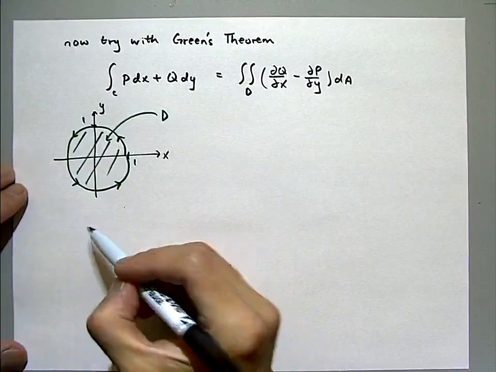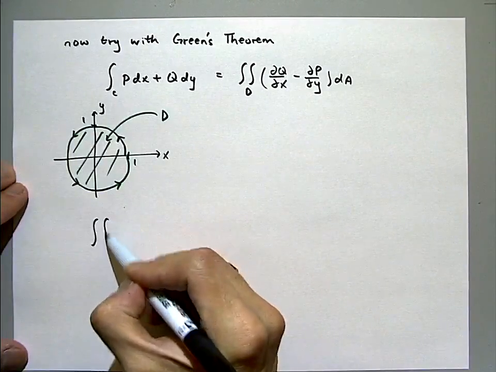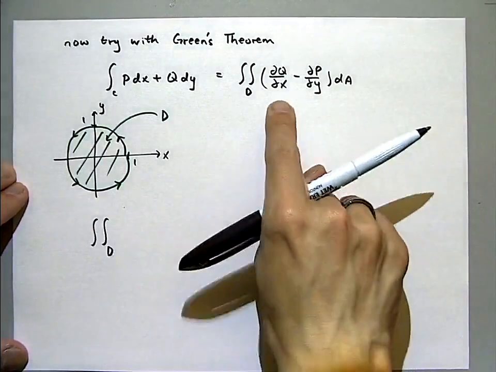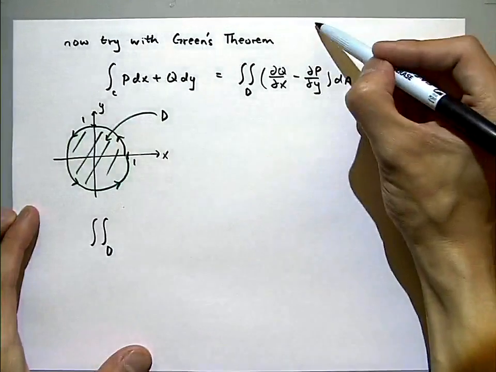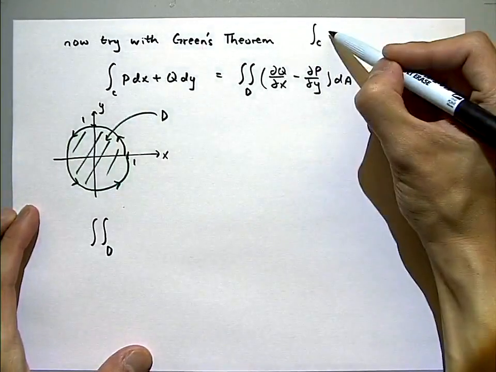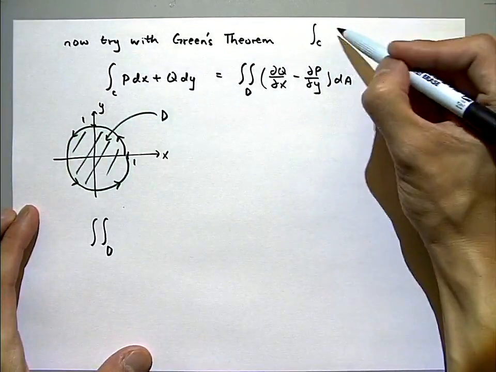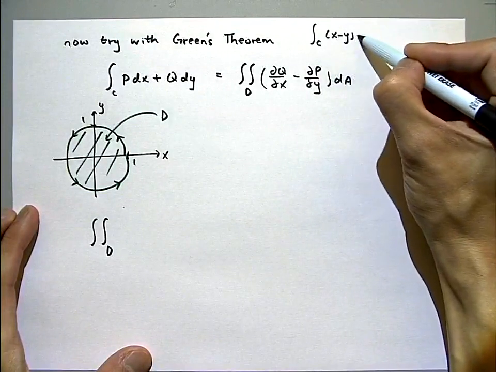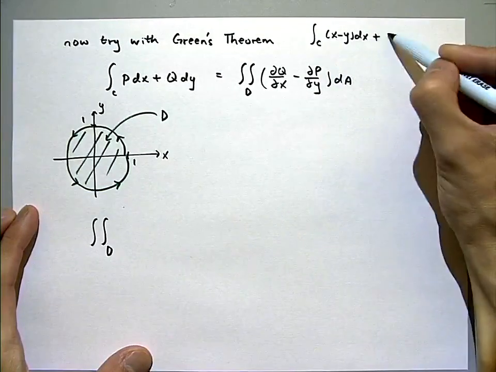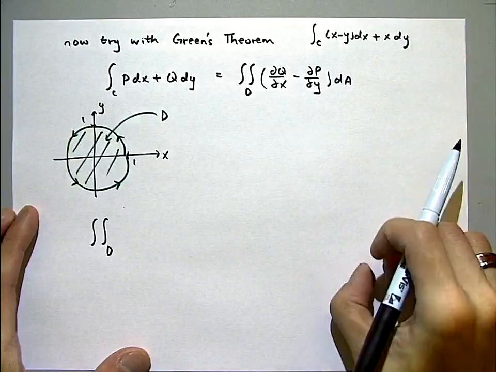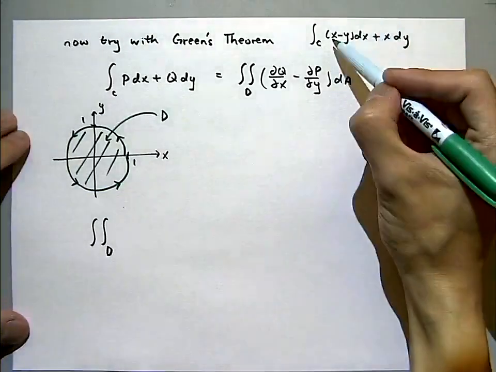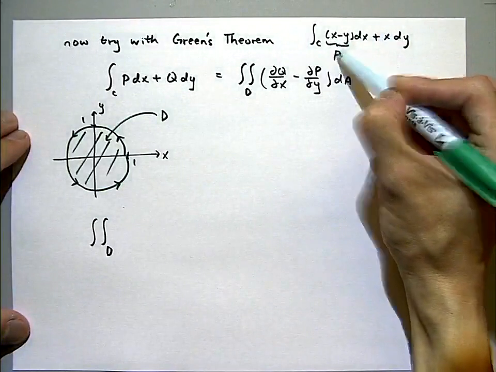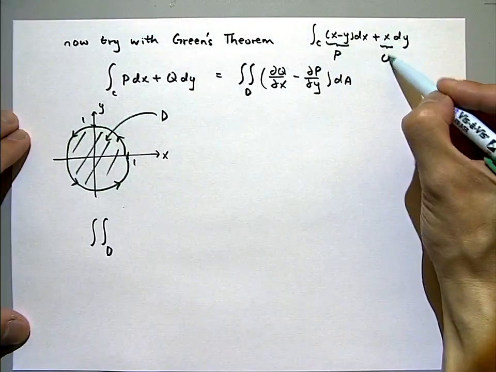Okay? So let's see. We get a double integral over D. The integral we're trying to do, let me rewrite it, bring it back here: x minus y dx plus x dy. So this is p, and that's q.